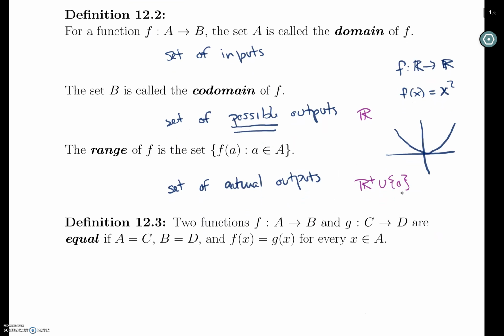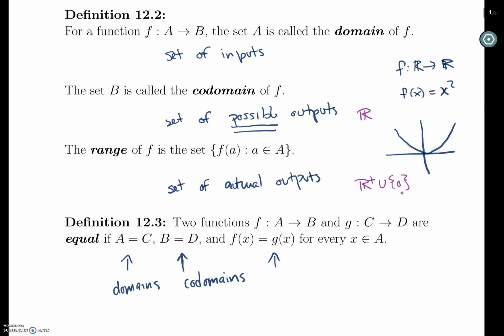Lastly, we will say that two functions, f, which maps A to B, and g, that maps C to D, are equal if A is equal to C, B is equal to D, and f(x) equals g(x) for every x in the domain. So the domains have to be the same, as well as the codomains have to be the same.